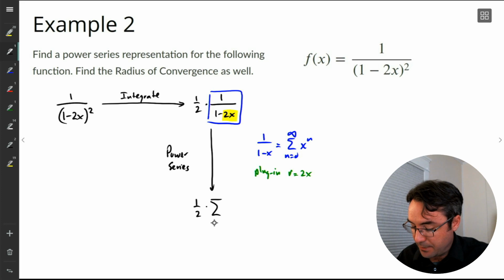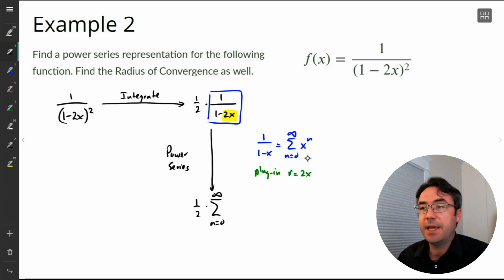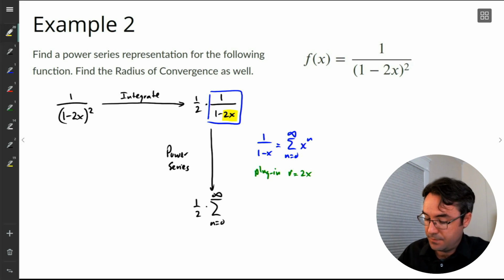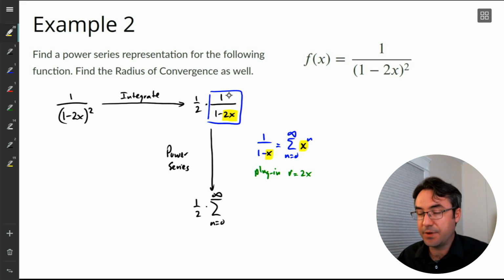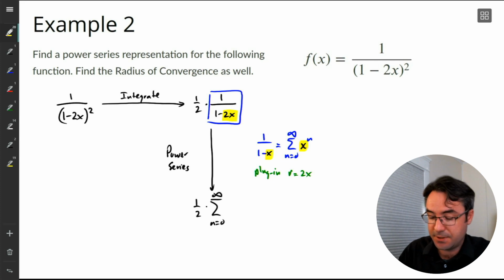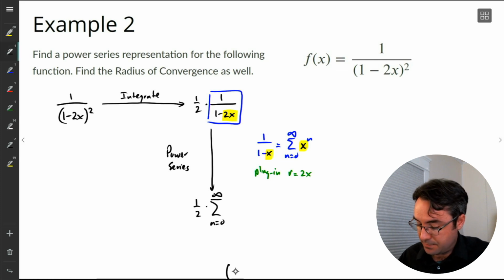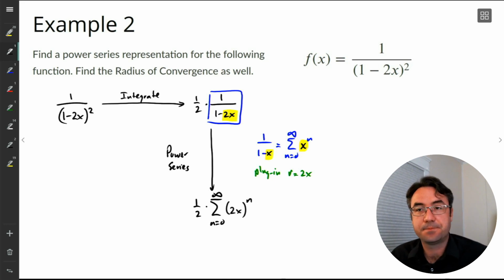And then let's write down the power series. It'll be the sum from n equals 0 to infinity. And if we plug a 2x into here, wherever we see an x, change it to a 2x. That's going to give us a power series representation for 1 over 1 minus 2x. We're going to have the sum of 2x raised to the power n. And let's simplify this down a little bit.